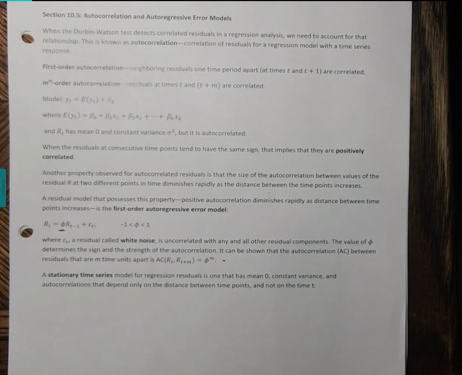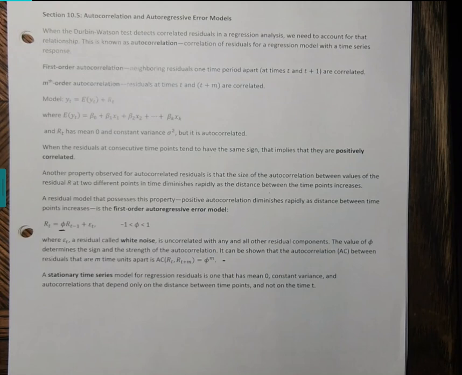All right, so the big idea here is when we think about how points are correlated through time, the idea is that as we get further apart in time, things should be less correlated. And what the different orders of the autocorrelation allow us to do is say, how far apart in time should things be before they are no longer correlated?